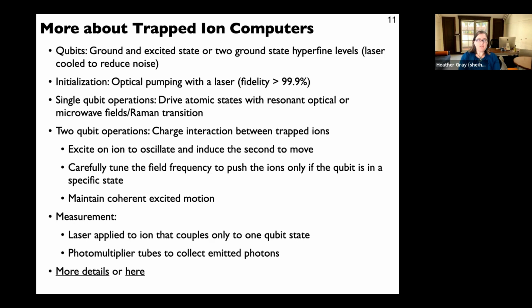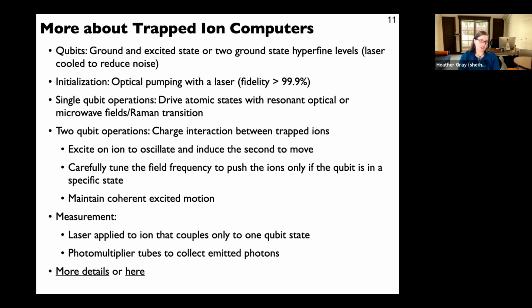You want to excite one of the ions to oscillate, and then induce the second to move. Then you want to carefully tune the field frequency to push the ions only if the qubit is in a specific state, and to ensure that you maintain coherent excited motion.